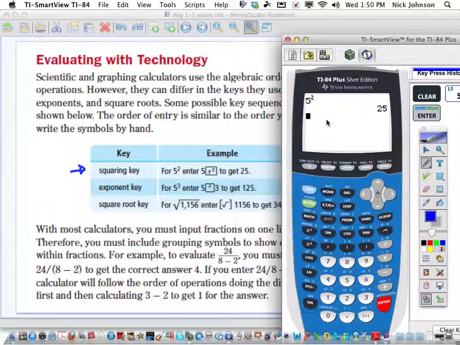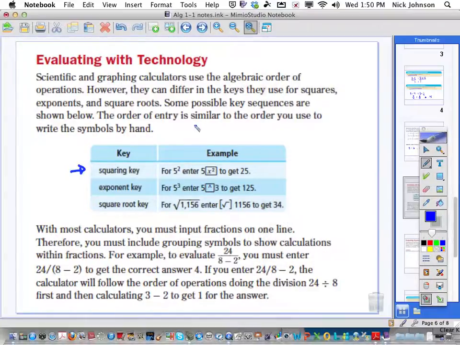If you're going to do 5 to the third power on your calculator, you're going to press 5, and then you're going to see this caret top, and then you're going to say 3, which stands for 5 cubed. Okay?